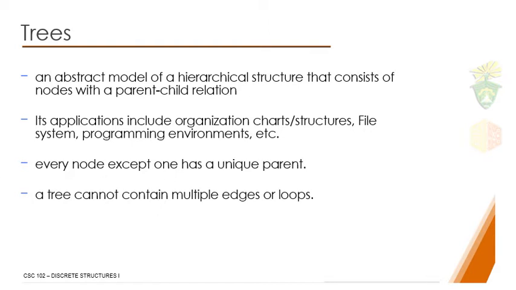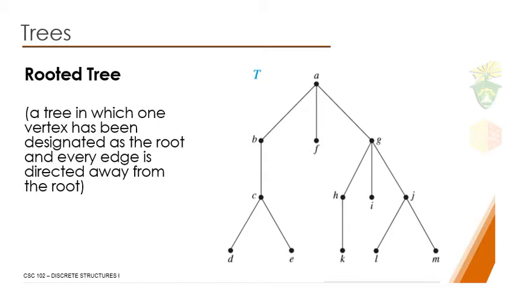So, particularly, we will be dealing with rooted trees. A rooted tree is a tree in which one vertex has been designated as the root and every edge is directed away from the root. So this is an example of a tree with node A or vertex A as our root.